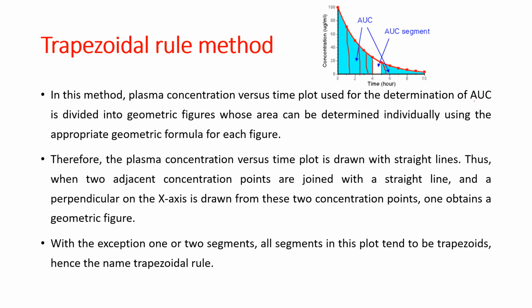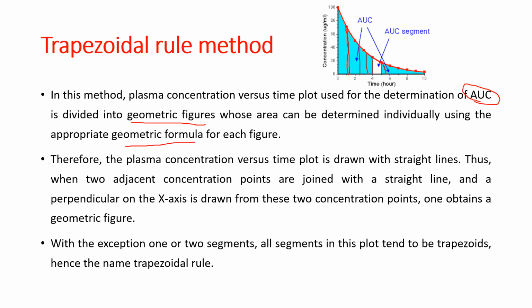In this method, the plasma concentration versus time plot used for the determination of AUC is divided into geometric figures. We divide the area under the curve into different trapezoids, which we call geometric figures, whose area can be determined individually using the appropriate geometric formula.